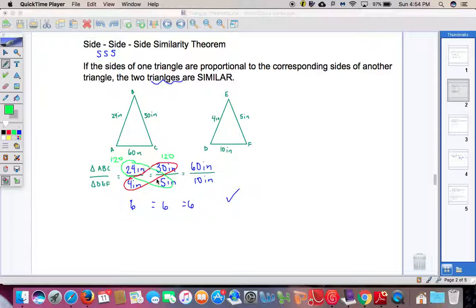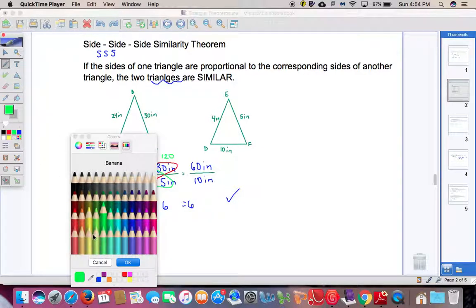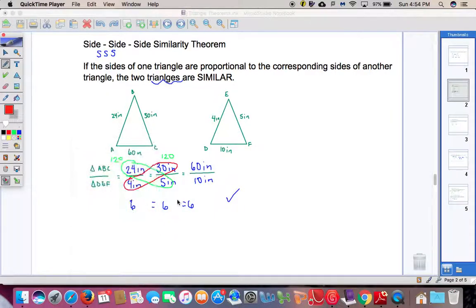Now I could do the same thing over here, but I'm not going to get 120. Okay, now if I look at 30 times 10, I get 300. And if I look at 5 times 60, I get 300. Okay, so those are the same, so they would be proportional. So we can say that these side lengths are proportional.